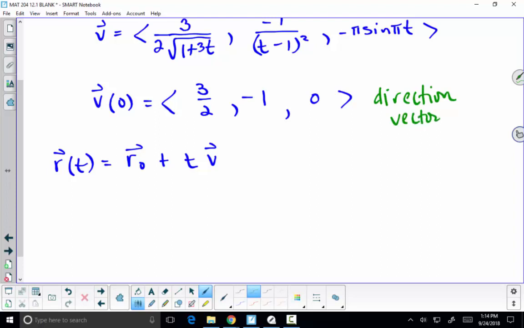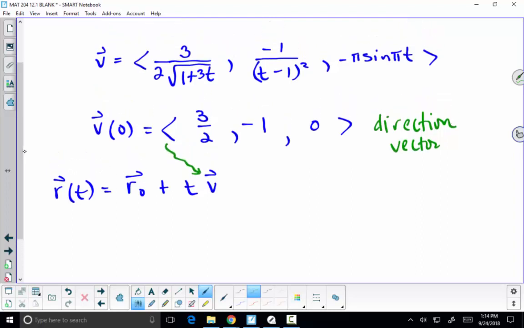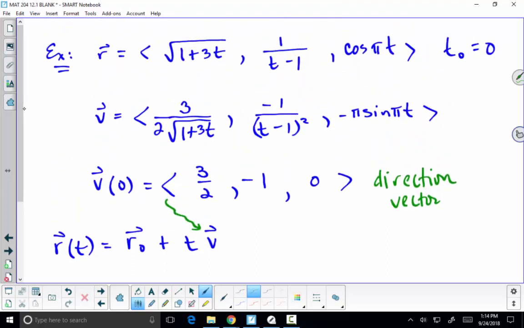And so that's what goes in here for v. And then how about our starting vector? What do we use for our origin or the beginning of this line? R of 0. R of 0 is what we will use to be r naught. That's going to be our so-called origin.